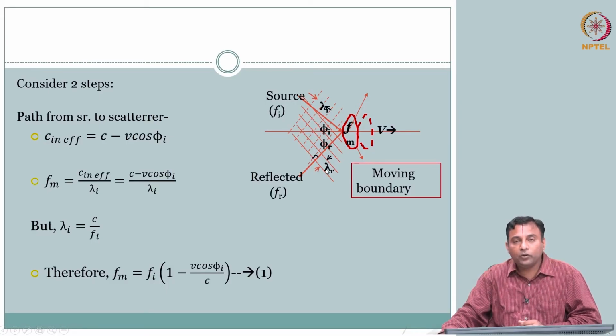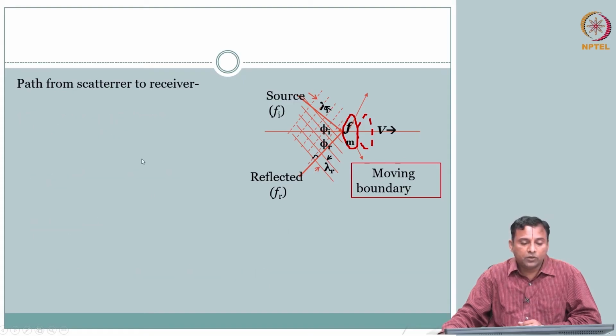Okay. What could be the, your fm cannot change, right, you are catching, you are sending out, right, reflecting. So, your fm cannot change, but your c out effective can change. Of course, there is a lambda that we need to check.